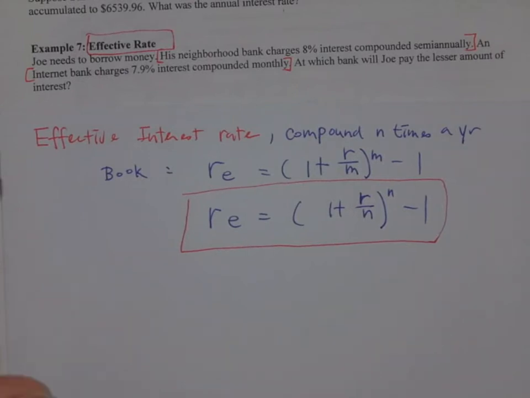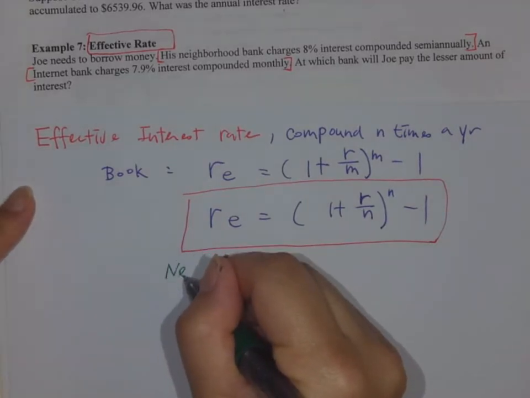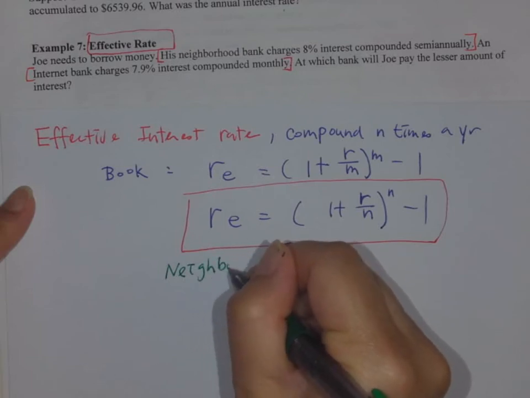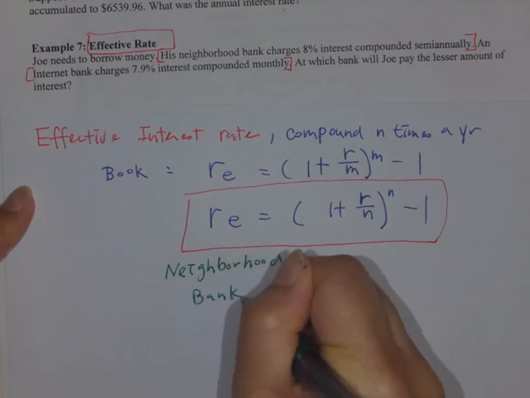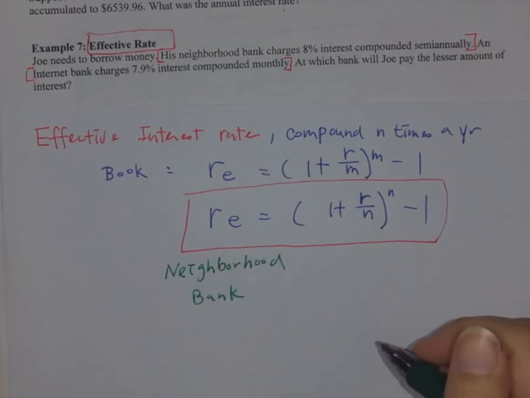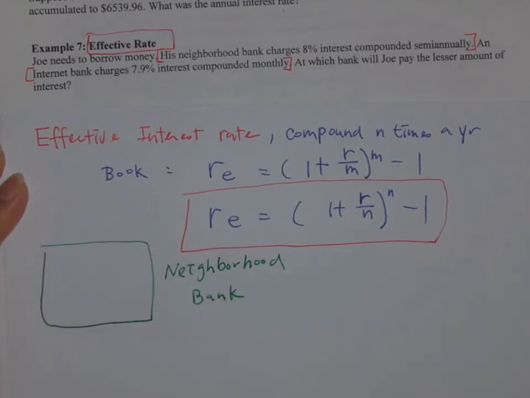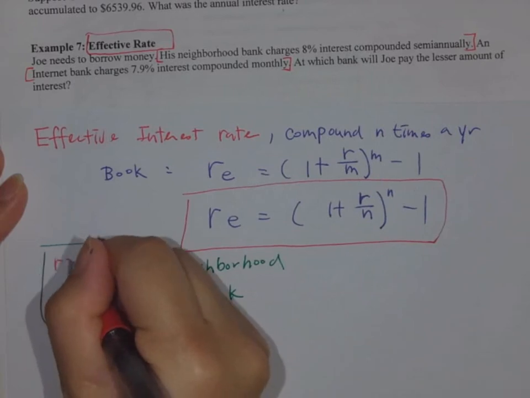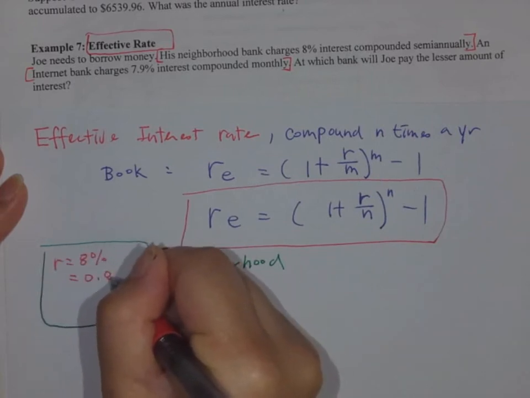If we are using that formula, I have 2 options. One of them is from the neighborhood bank. What we know from that one is the interest rate is 8%, so r equals 8%, and we can turn that into 0.08.